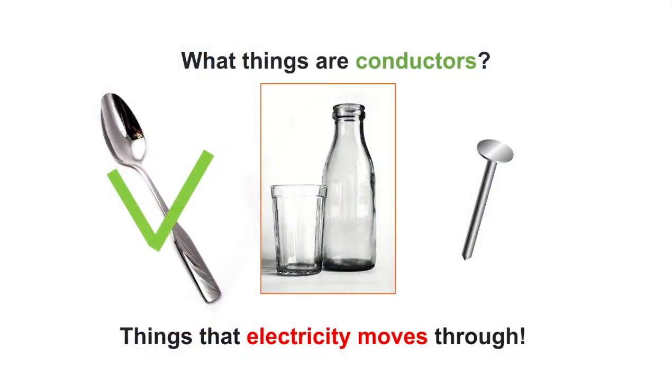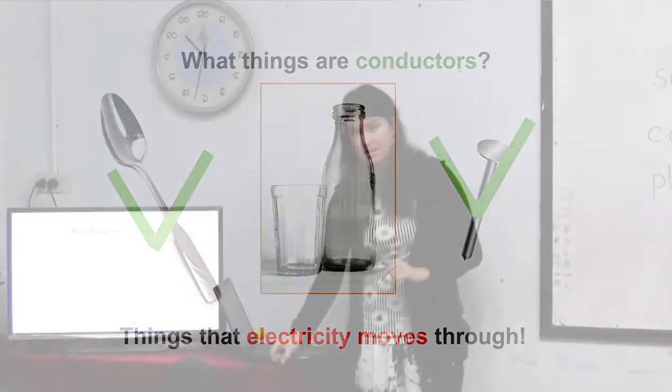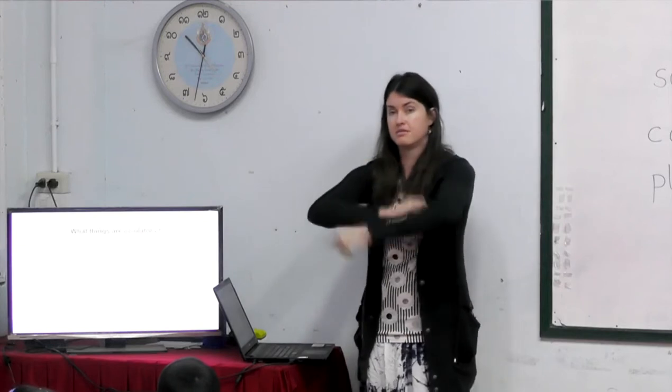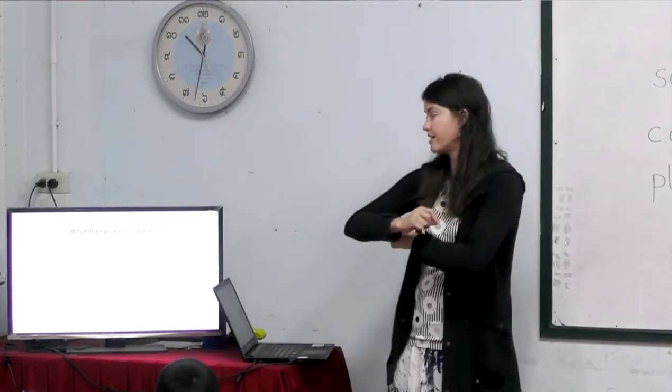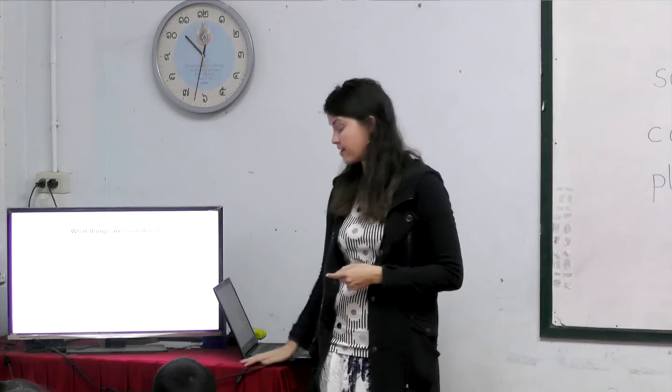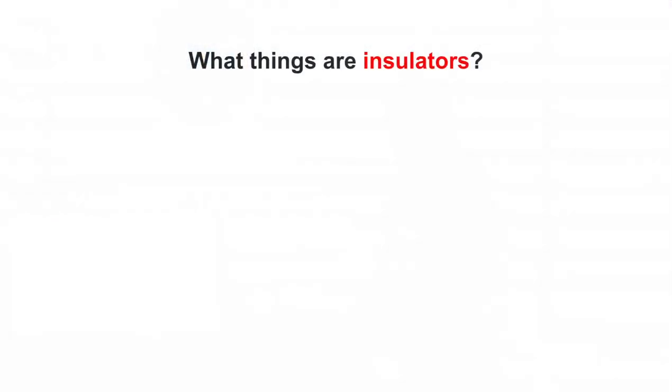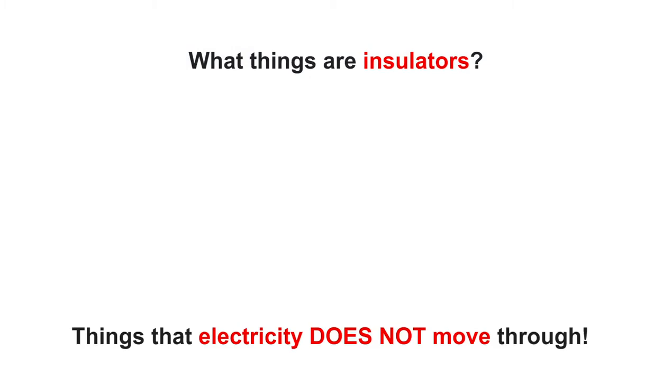The things that stop electricity, we call them our insulators. Insulator. Think about our plastic cord here. It goes around that electrical wire to keep us safe so that we're not hurt when we touch these cords. They stop that electricity moving through them. They don't let electricity move through like the conductors. The insulators stop that electricity.